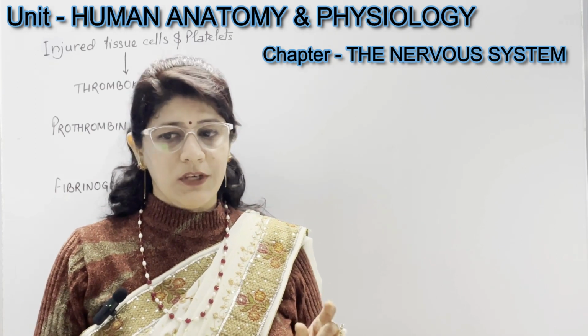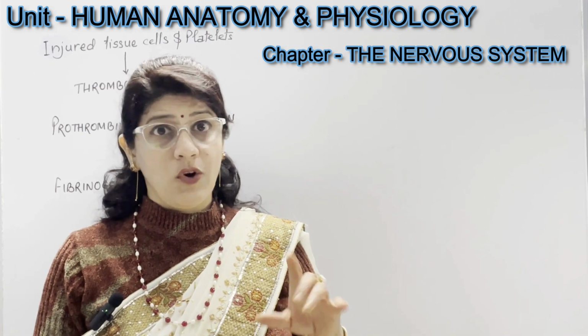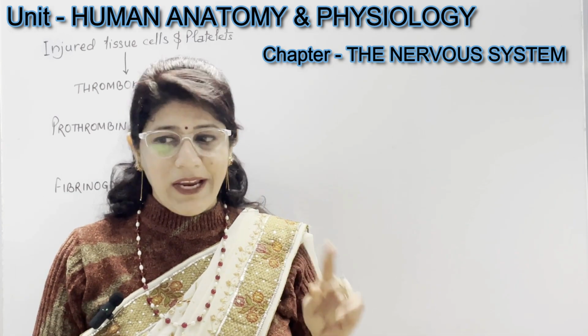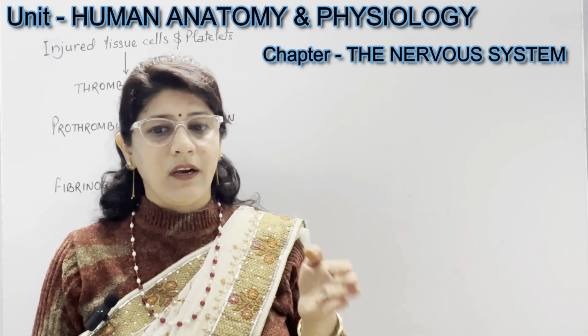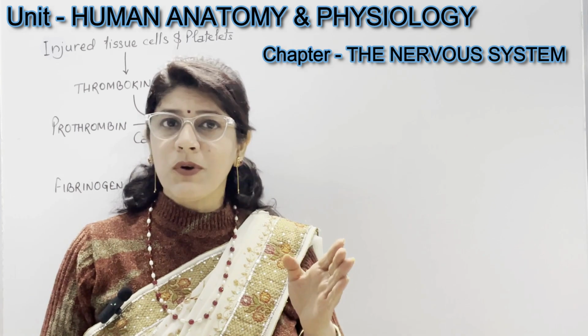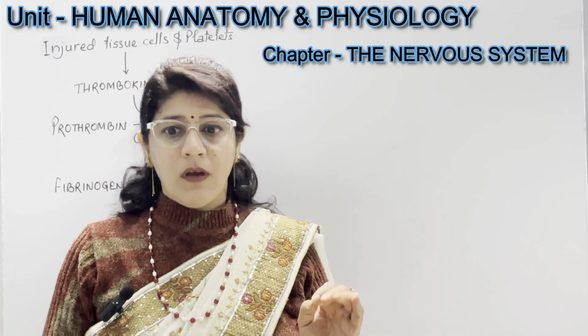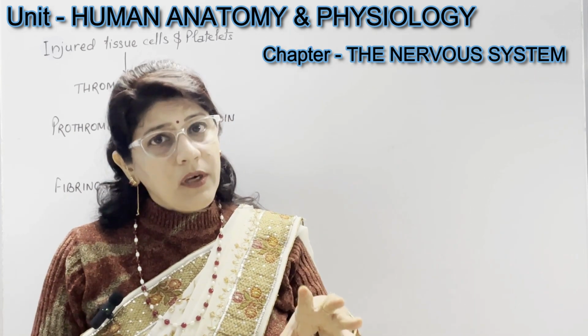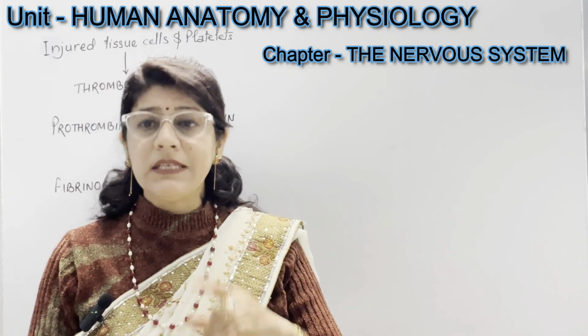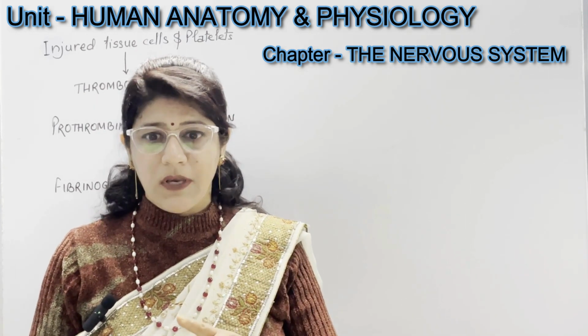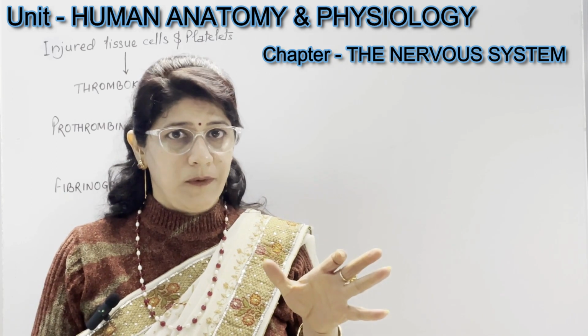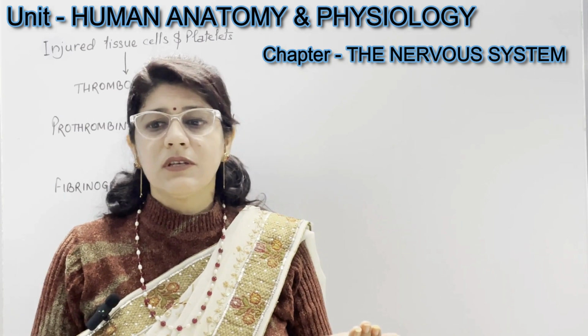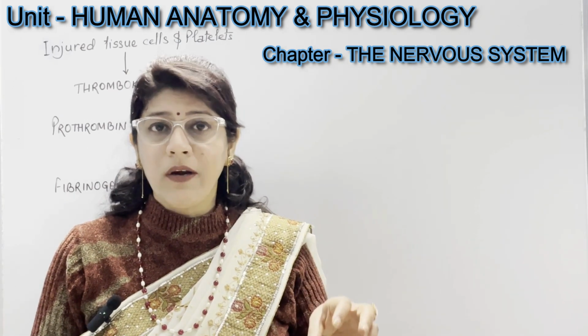Special focus should be given to the interchangeable location of grey matter and white matter in the brain and spinal cord. You will see one question in the paper also. Like in the brain, the outer cortex of the cerebrum contains cell bodies of neurons and is called grey matter, and the inner portion consists of axons and is called white matter.